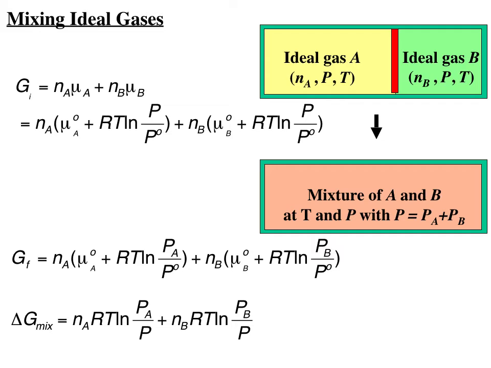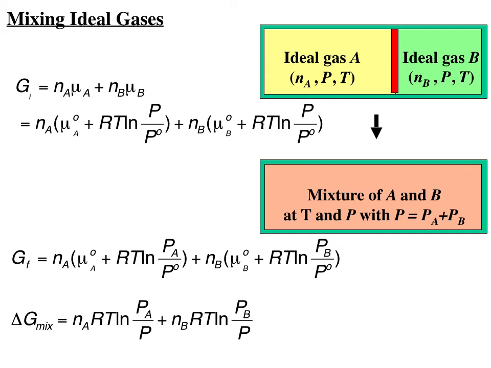As N_A expands into the entire chamber, P_A is less than P. As N_B expands into the entire chamber, P_B is less than P, but we are guaranteed that the sum of those partial pressures, when they spread throughout the chamber, would be the same as the initial pressure of the separated gases, because they're ideal gases and they really don't feel each other any differently than they feel themselves. Ideal gases have only kinetic energy, there's no potential energy, so the pressure they exert in the mixed chamber is going to be the same as they separately exerted in the smaller chambers. However, the partial pressures of each are going to adjust so that the sum of them now gives me that final pressure.